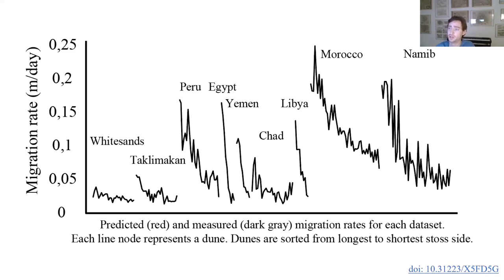So basically we have for each dune field a characteristic speed, and then the variations within that dune field based on the size. Now, if I superimpose the prediction, so these are measured values, you can see that it's very accurate, right? So the predicted values line up very, very closely with the measured values.